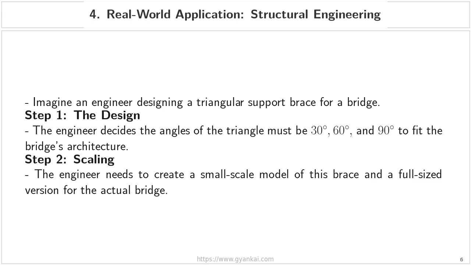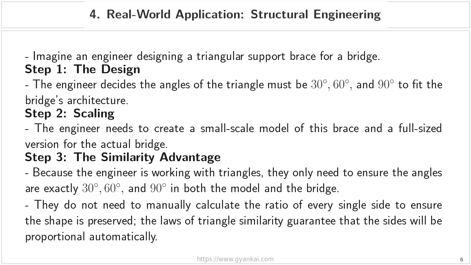Next, we move to step 2, scaling. In engineering, you rarely build the full-size structure immediately. The engineer first needs to create a small-scale model of this brace to test its stability, and then eventually, they will produce the full-sized version for the actual bridge. Finally, let's look at step 3, the similarity advantage. This is where the special case of triangles that we talked about in the previous slide becomes incredibly useful.